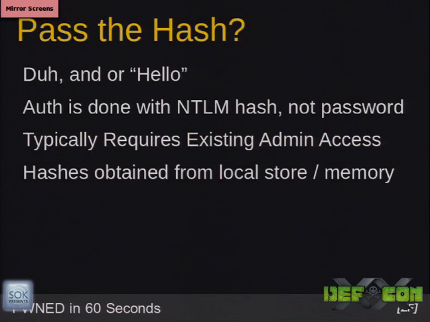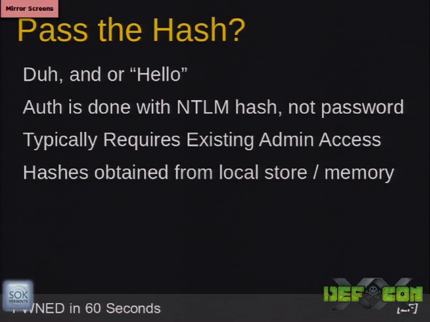So there are some known issues, like I said already, the pass the hash stuff. Pass the hash uses the NTLM hash. As we look at the protocols for NTLM, the NTLM hash is used, not the original password. So all we need is the NTLM hash. Now we can access the NTLM hash using various tools in Windows to gain access to the local system password store, as well as memory, and access these password hashes from there.